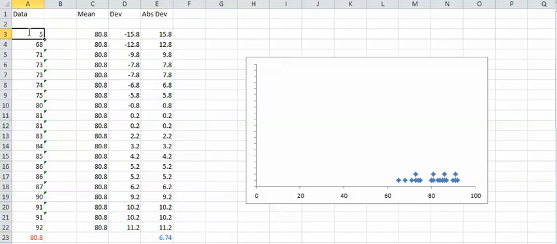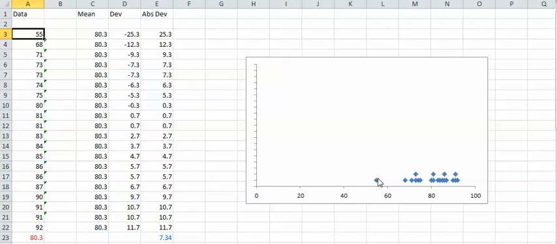Well, you can probably guess that this absolute deviation is going to change because if the data value moves further from the mean, the absolute deviation goes up. So let's watch it change. Well, now, instead of being only 15 below the mean, this value, which we see right here, is now 25 below the mean.